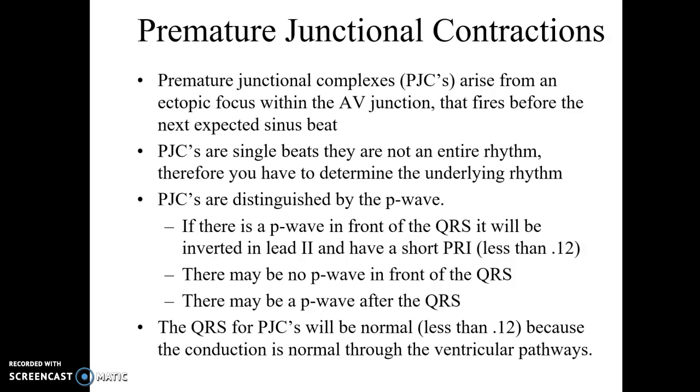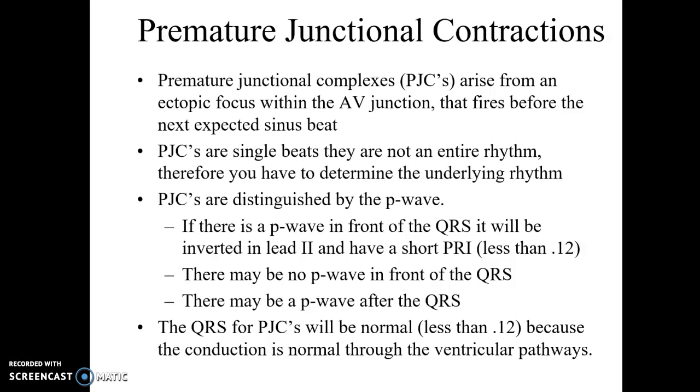PJCs are single beats. They are not an entire rhythm, so you still have to tell me the underlying rhythm. You still have to determine this is a sinus rhythm with a PJC or a sinus bradycardia with a PJC. PJCs are distinguished by their P wave. Again, as with any junctional rhythm we look at, if there's a P wave in front of the QRS, it will be inverted in lead 2 and have a short PR interval.